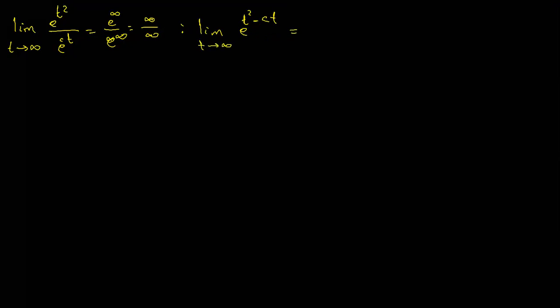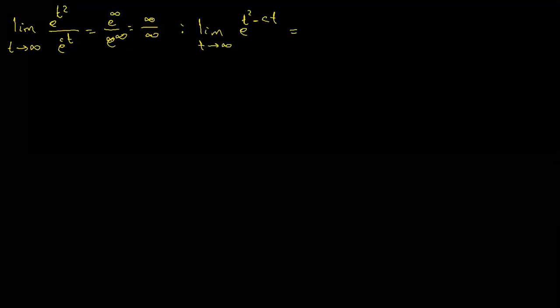You are right. This is the first step for my solution. Now you need to find the limit of the power. So you have infinity minus infinity. Unfortunately, infinity minus infinity is undetermined. But I have a rule here. The rule says if you have a polynomial and you need to find the limit when t tends to infinity, take only the highest power.